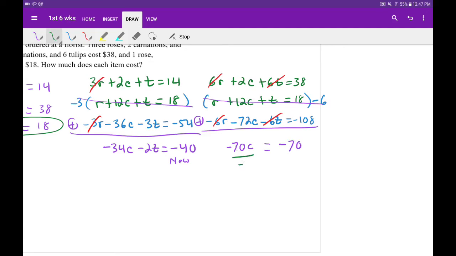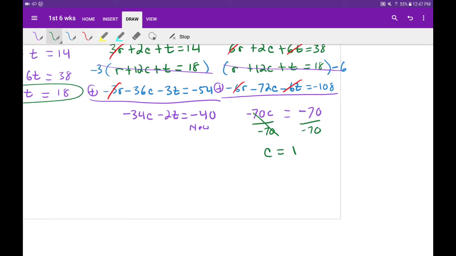All right, let's go ahead and divide both sides by negative 70. And then here I got C equal to 1. All right, very possible. That means carnations are $1. Since I have a variable equal to a number, I'm going to plug it into the C over here, and then I'm going to find my T. So negative 34 times 1, basically, minus 2T equals negative 40.